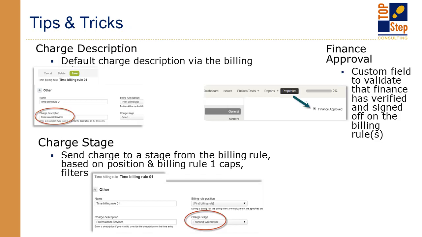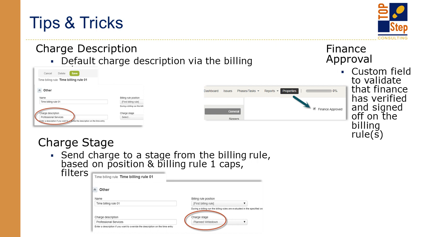So a couple little tips here. This one down here with the charge stage at the bottom, this is where you could set up a couple different billing rules, where in position 1 I have billing rule 1, I'm billing up to a cap of X dollars.